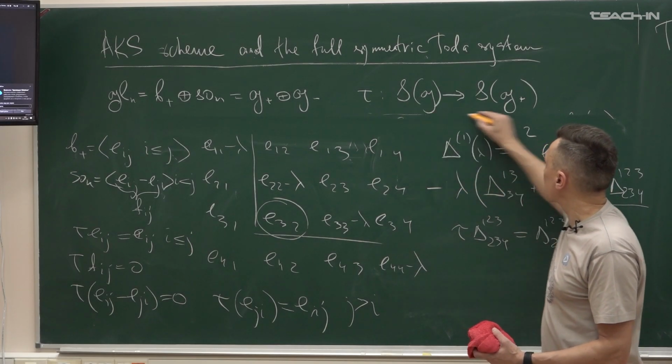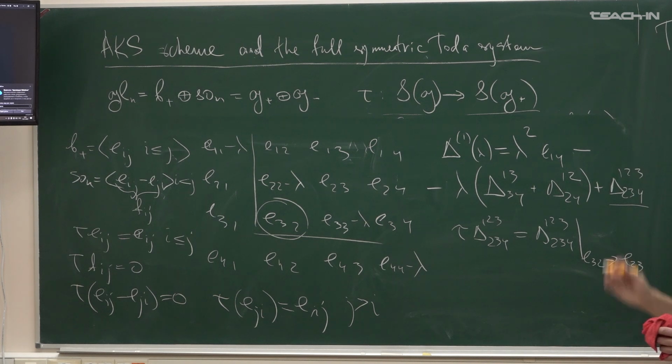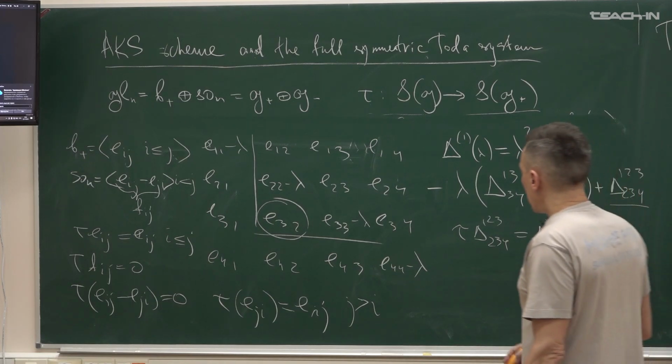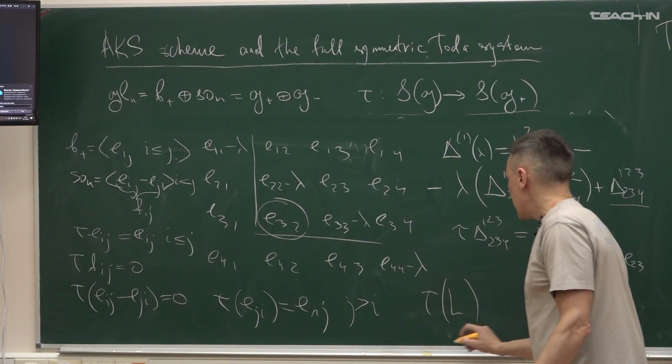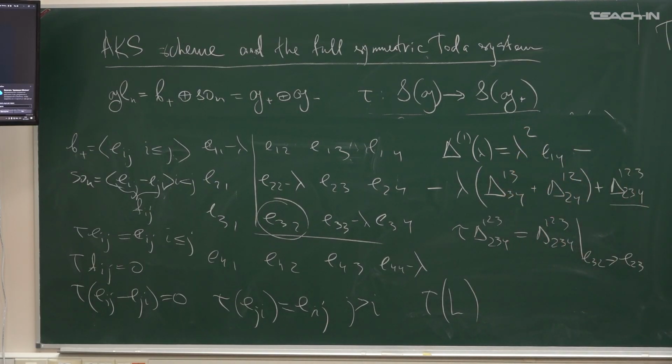So how this projection works. So it acts on generators by these formulas. And now we have to apply this projection to the Lax operator, to the entries of the Lax operator. Because it's a matrix, those entries, matrix entries, are functions on our space. So we apply tau to functions. Okay?